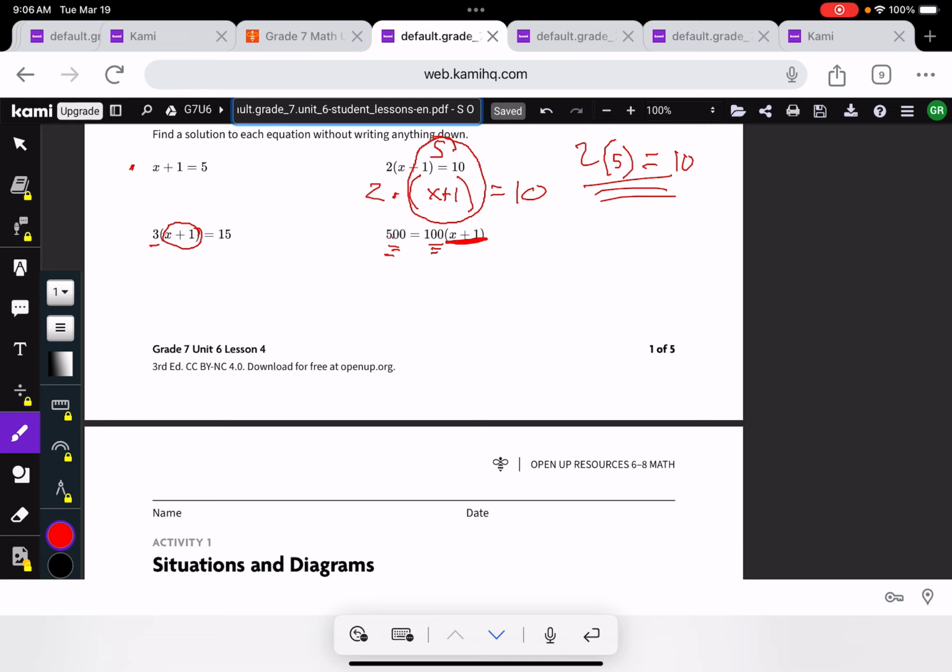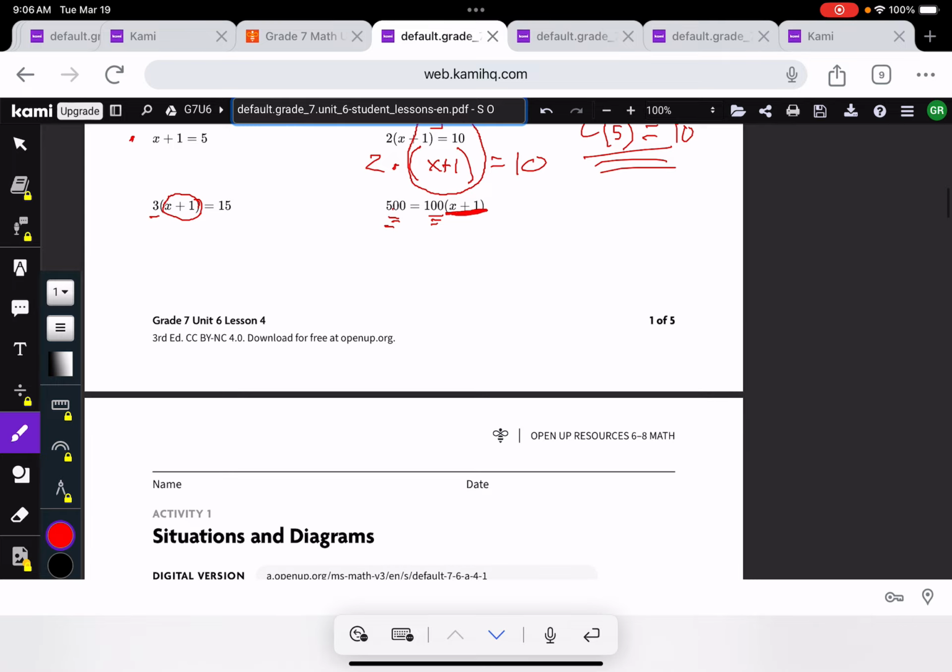And so what must X be so that those parentheses equals 100? I know 100 times 5 is that, so what must that X be? And you'll notice all of them should have equaled the same number.